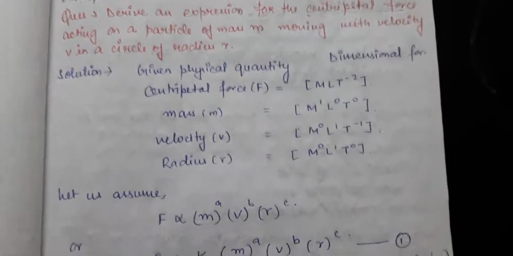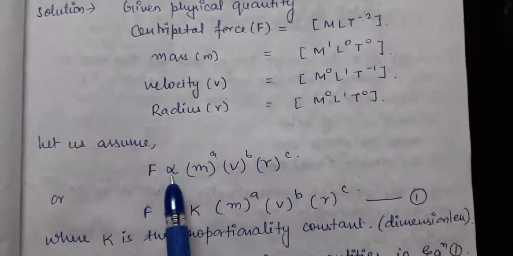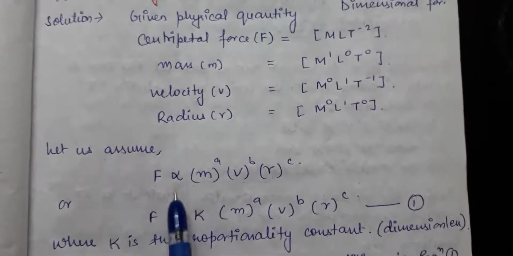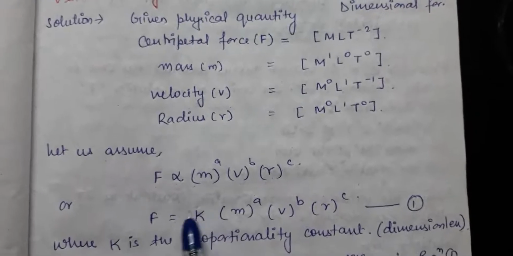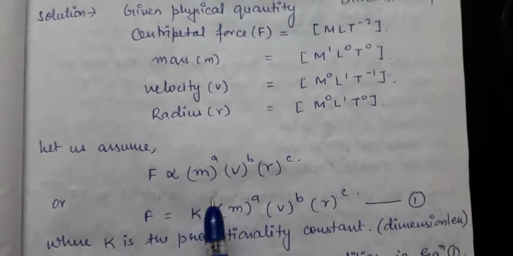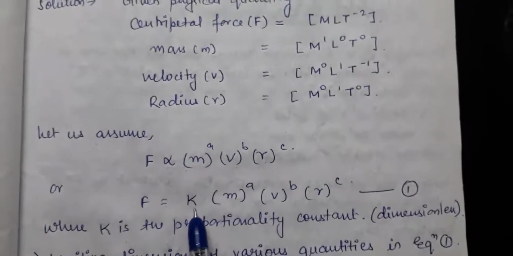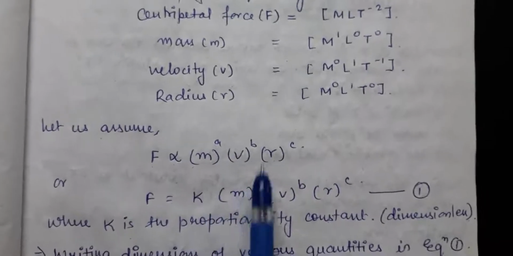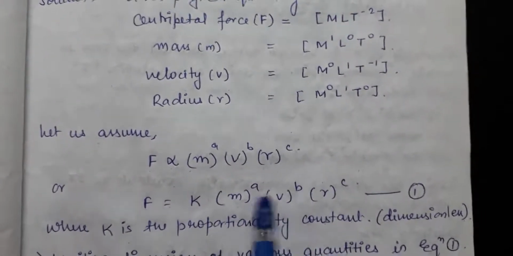Secondly, since there is a proportionality sign, if I want to change the proportionality sign into equal to, I have to multiply the equation with one dimensionless constant, the proportionality constant. So here k plays the role of the proportionality constant. I can write F is equal to k multiplied with all three physical quantities with their powers.